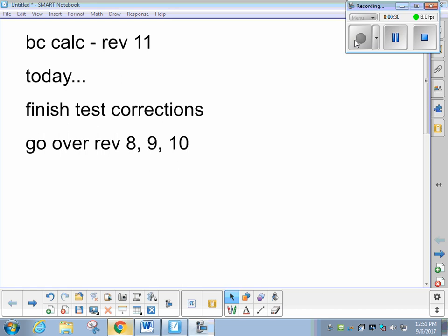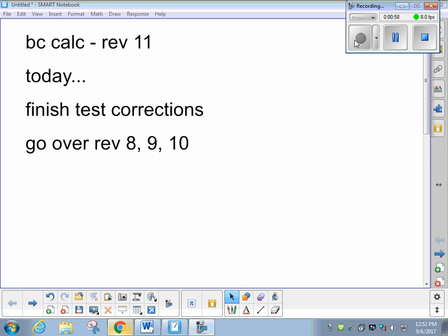Okay, your day's looking up for a calculus class. Here's some homework going around. I guess I must have just forgotten the test for this. More importantly, the test. So, we'll do test corrections. Everybody has different amounts of test corrections to do, so we'll finish at all different points. But once I feel like most people are getting done, we'll go over questions on 8, 9, and 10.